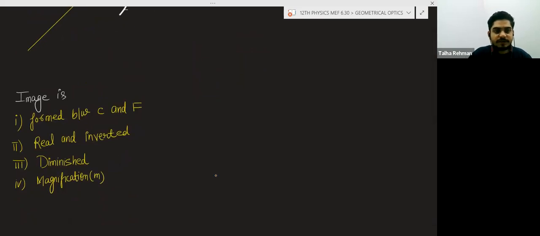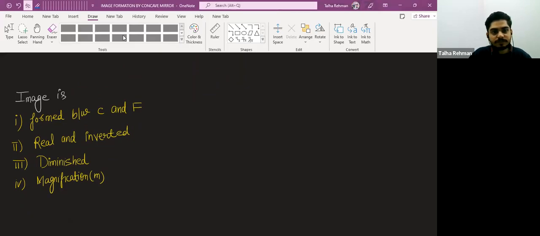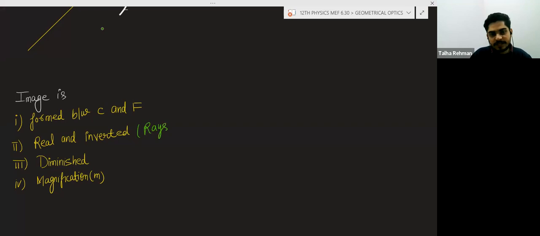Why real and inverted? Because rays are actually meeting after reflection. Diminished means smaller than object. Image is smaller than object.